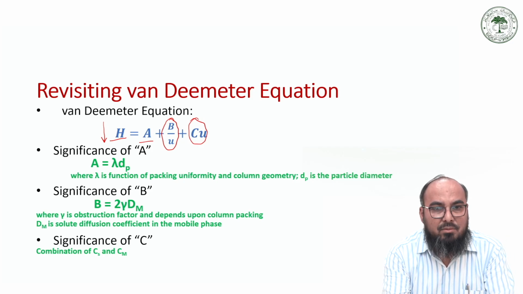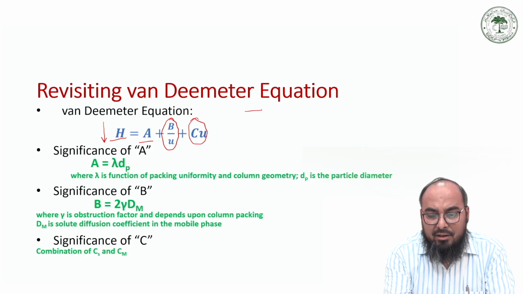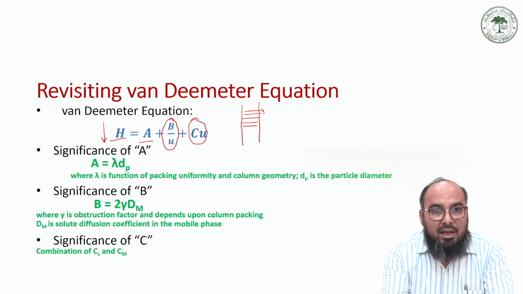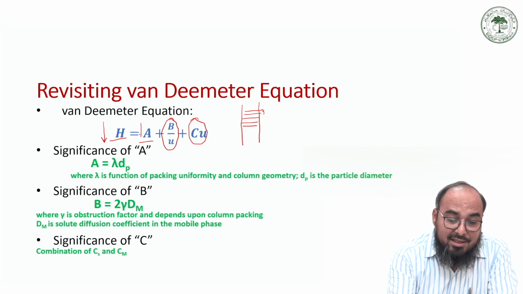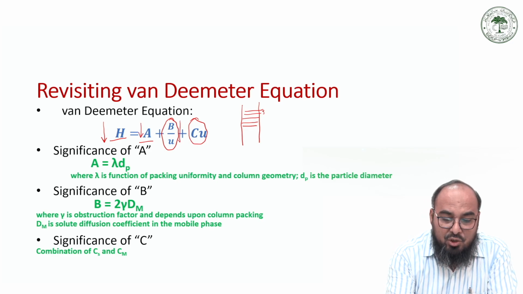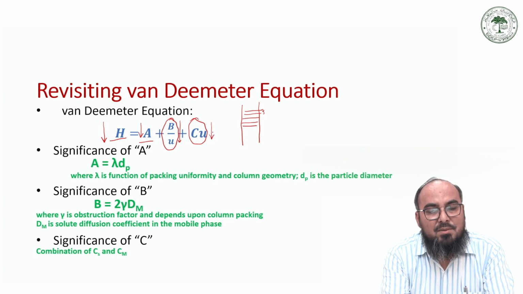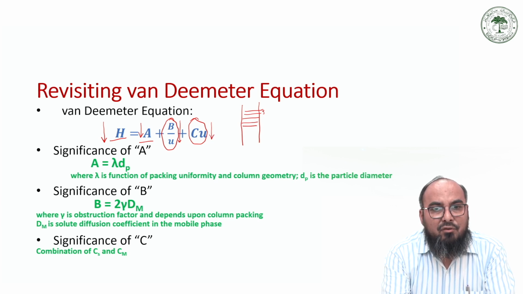That is, the height of each theoretical plate, the continuous plates residing in a column, must be as small as possible. And for H to be as small as possible, the necessary condition is that A must be as small as possible, B upon U must be as small as possible, and Cu must be as small as possible, where U is the velocity of the mobile phase.